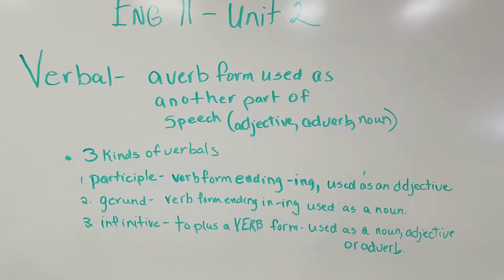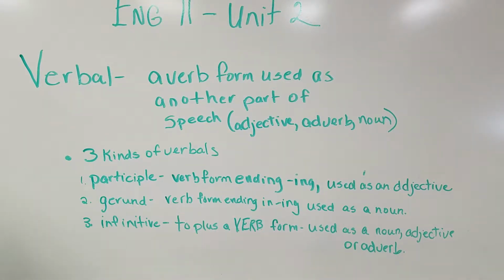So if you have a word that is not a verb in your sentence, it ends in ing, then you've got to decide between a participle and gerund by deciding how it's acting in the sentence. If it's acting as an adjective, it's a participle. If it's acting as a noun, person, place, or thing, then it is being used as a gerund.